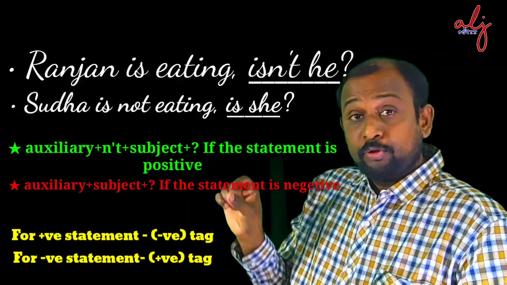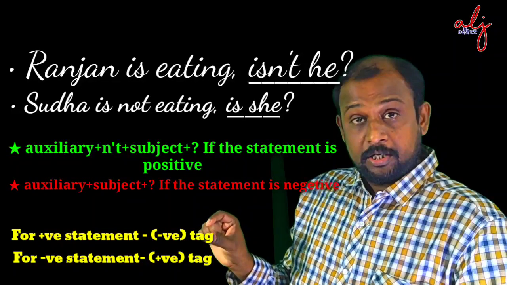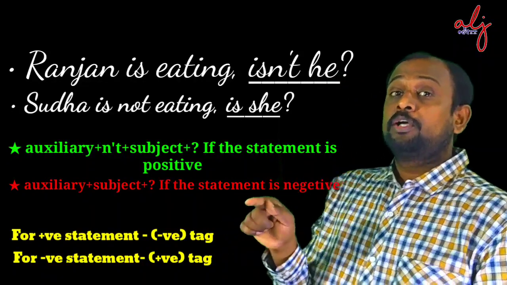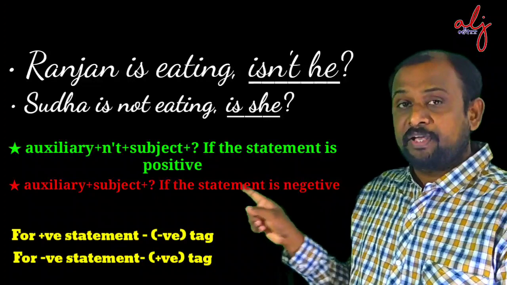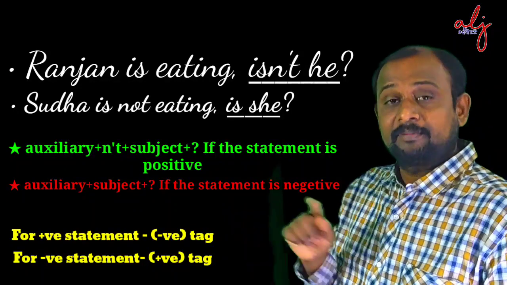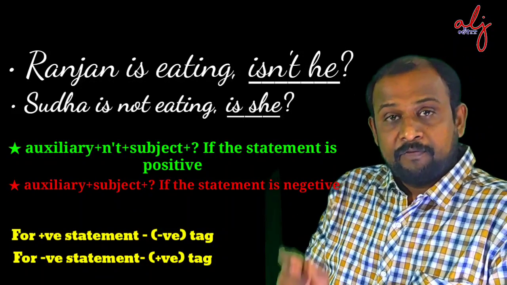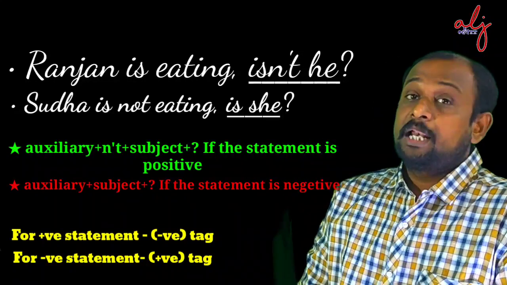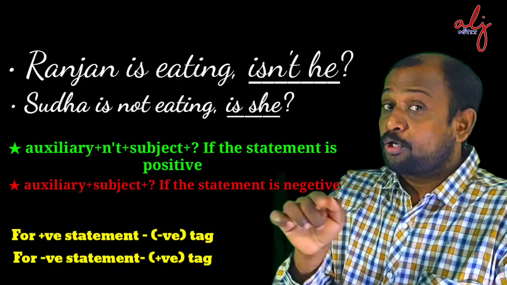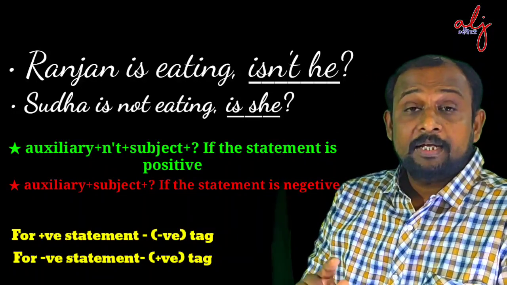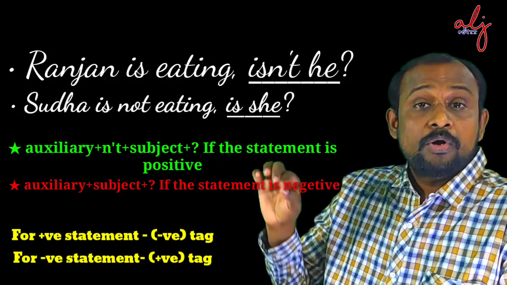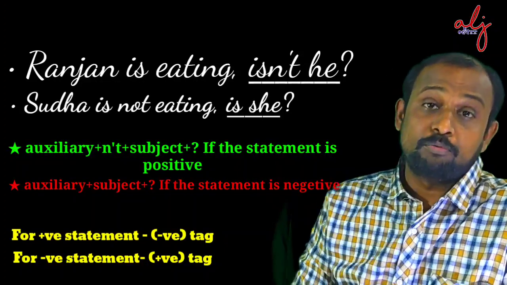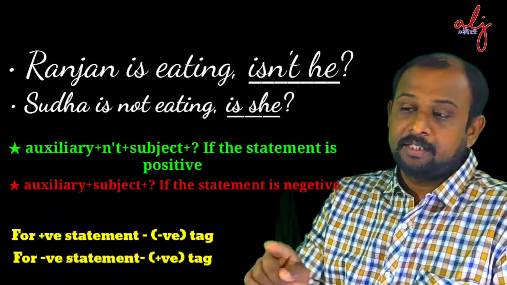Then we have to use "not" in contracted, shortened form, as n-apostrophe-t, as you can see in the underlined part of the example. Next, write the subject, but it should be written as a personal pronoun. And then put a question mark.